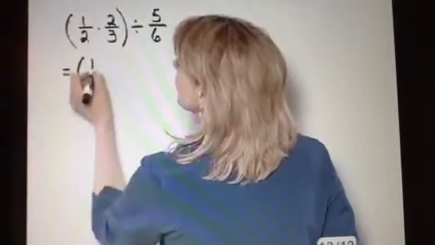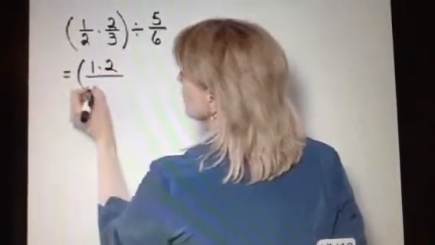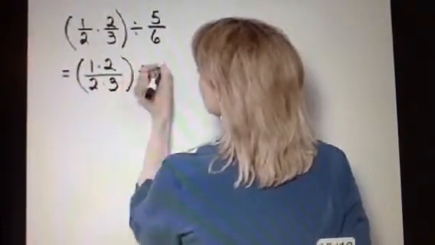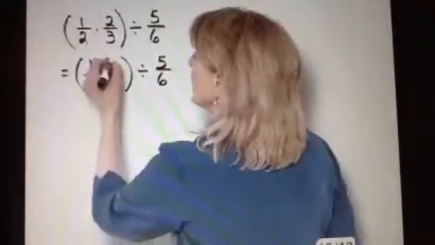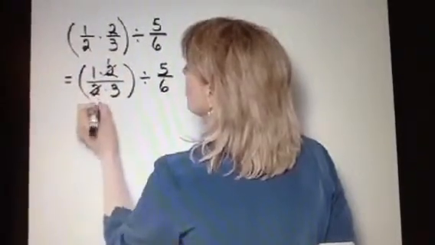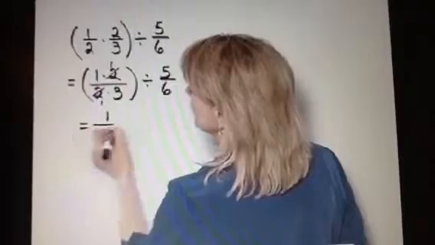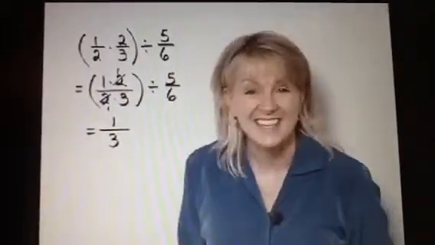So let's work within parentheses, and we are multiplying fractions, so it's numerator times numerator over denominator times denominator. Notice there's a common factor of 2, and that's all there will be. So I will have 1 times 1 in the numerator over 1 times 3, or 3, in the denominator.